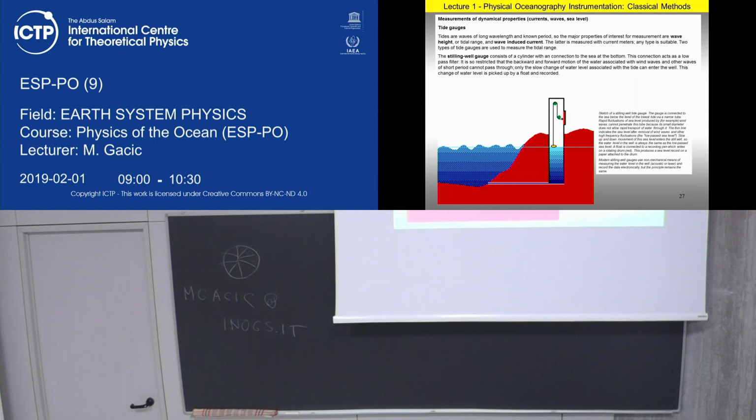I might go back in one of the next hours to show you the real use of these tide gauges and their importance. For example, in the Lagoon of Venice we have tide gauge measurements of about 150 years.